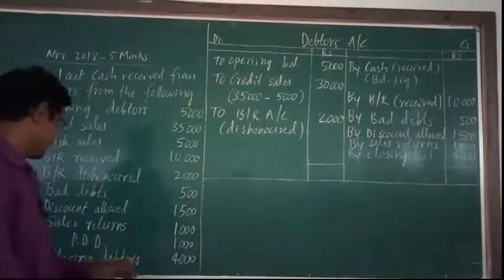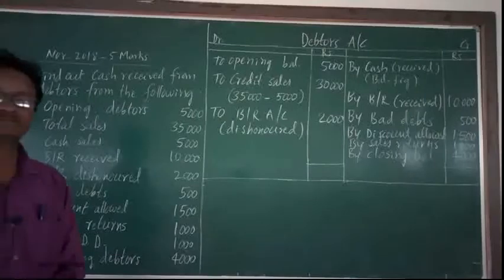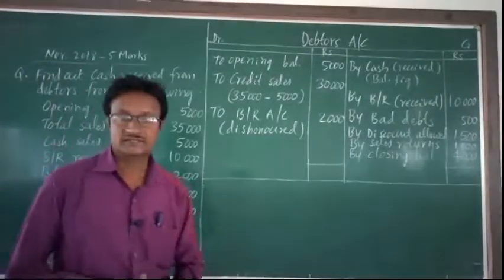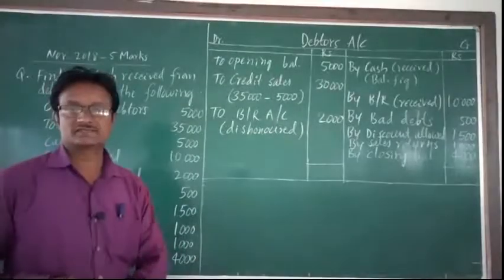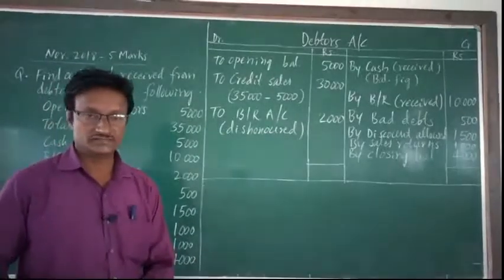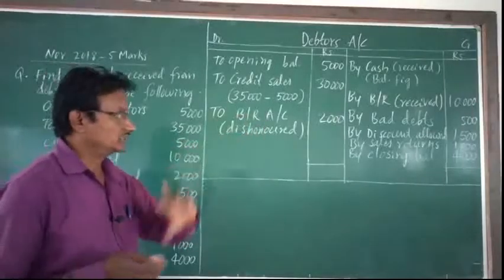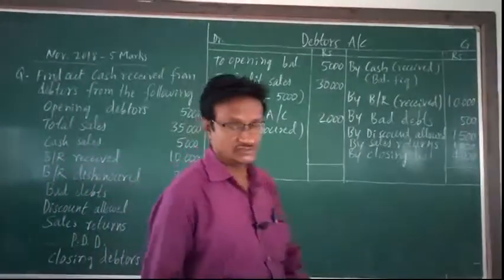And next item is PDD, that is provision for doubtful debts. This provision on debtors or reserve for doubtful debts should not be taken to debtors account because it is not final.